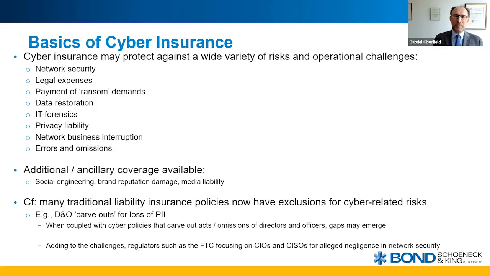So let's go through some of the basics of what a cyber insurance policy might cover. And as I said, there is not one type, there is not one singular best practice. You really have to, as an institution, evaluate what your intrinsic and unique needs are. But some of the ways that cyber insurance might be protective include looking at network security and failures thereof.